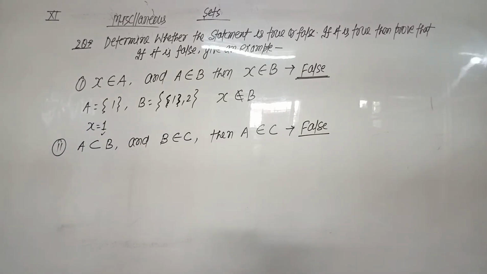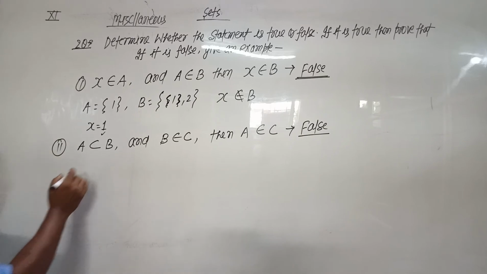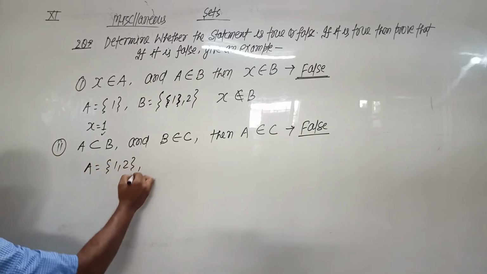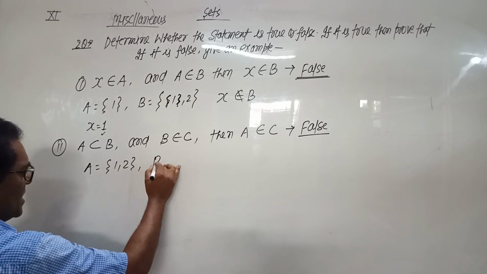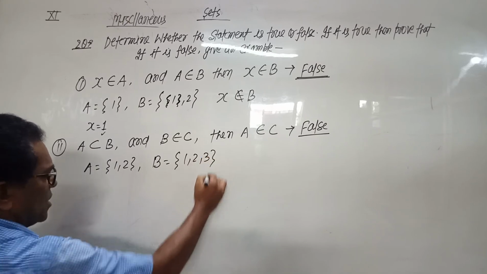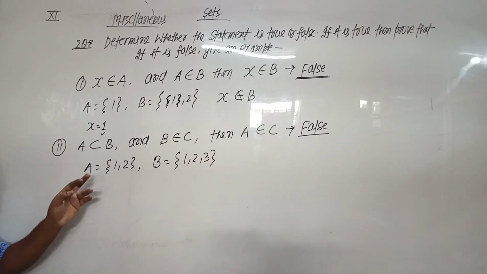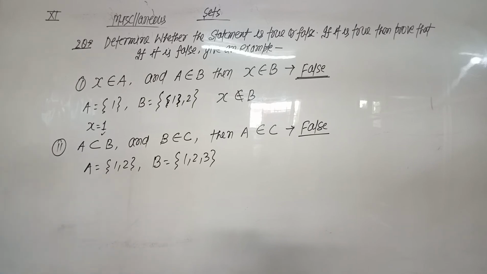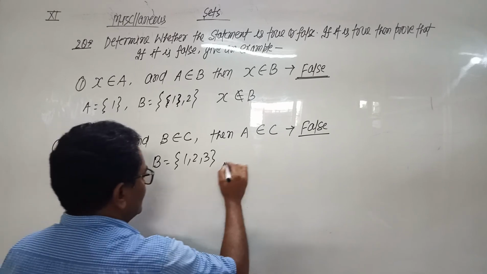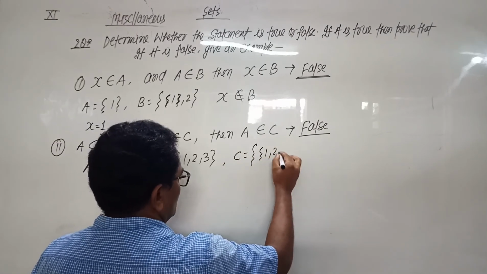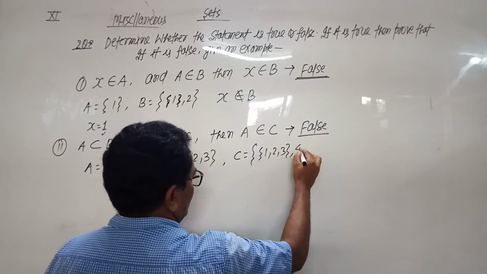So the example for this is, let set A equal to {1, 2}, set B equal to {1, 2, 3}, and let us take set C equal to {1, 2, 3, 4}.